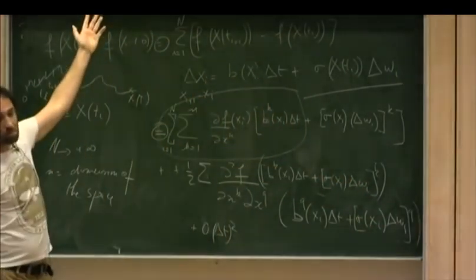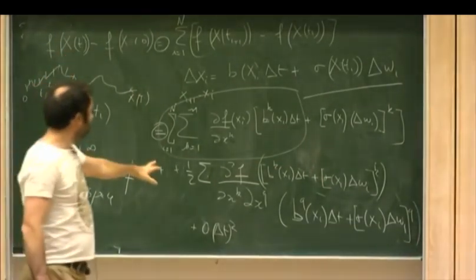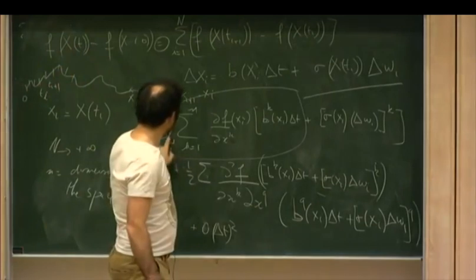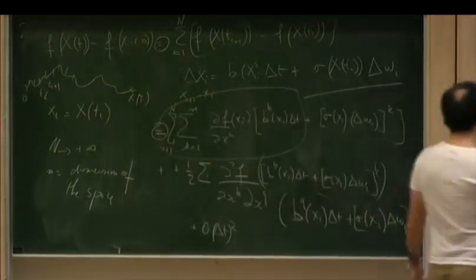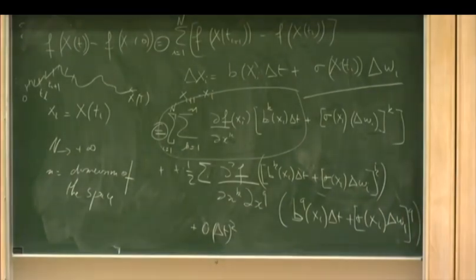We did it here. So let me rewrite this. There is one more term that I'm going to rewrite, which is 1/2 of the sum from 1 to capital N of the sum of ddf dxi dxq dxk dxq.